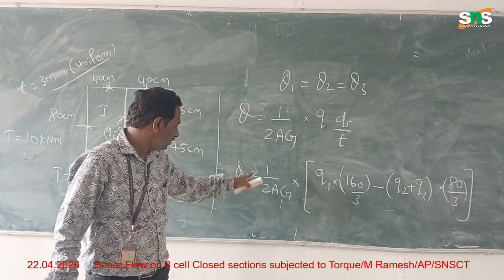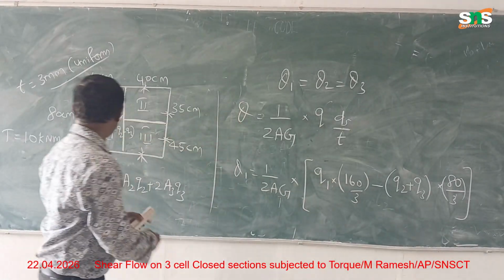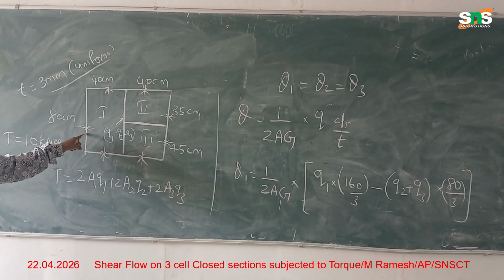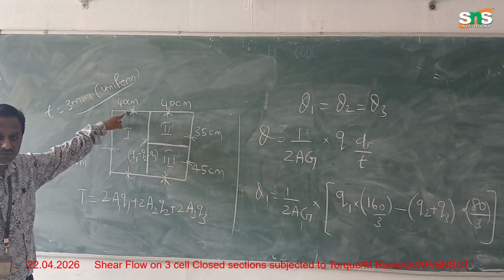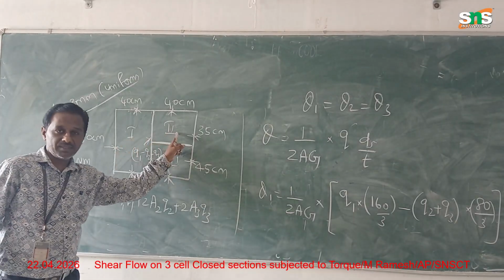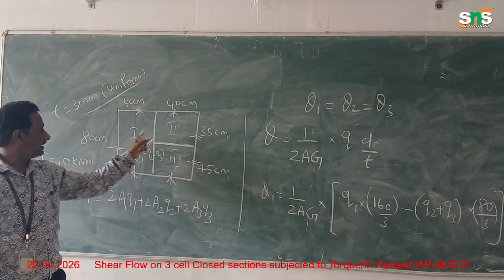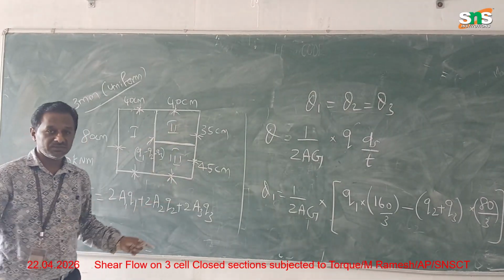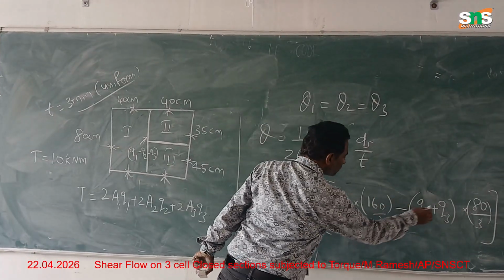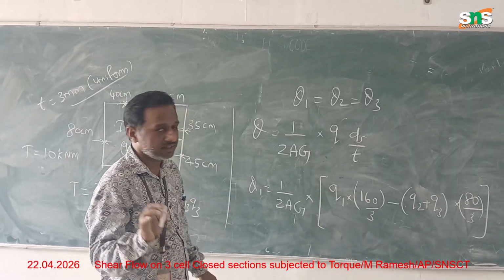For theta 1, 1 by 2AG into Q ds by t: for the first cell, here it is an independent segment, here also independent, here also independent. Here Q1 will be split to cell 2 as well as cell 3, so here the total is Q1 minus Q2 and Q3. Again you substitute and you get an equation in terms of Q1, Q2, Q3.